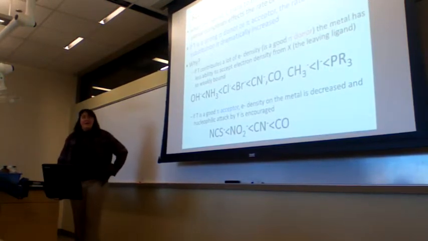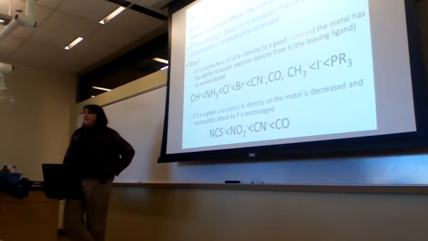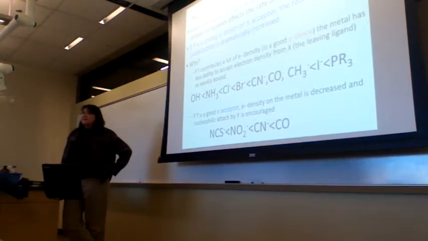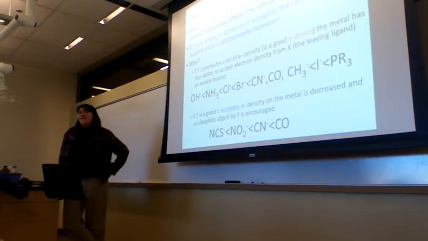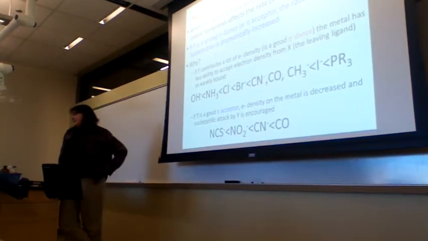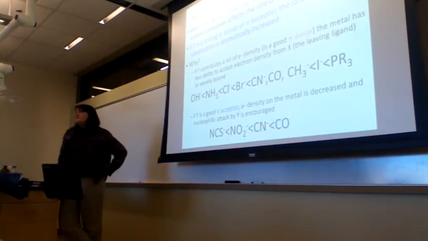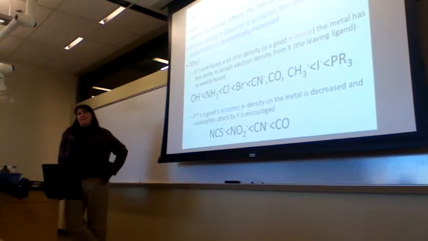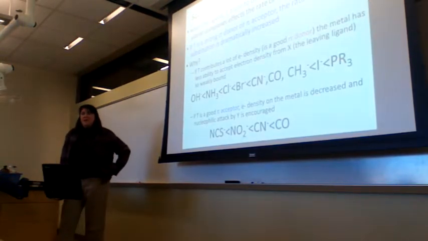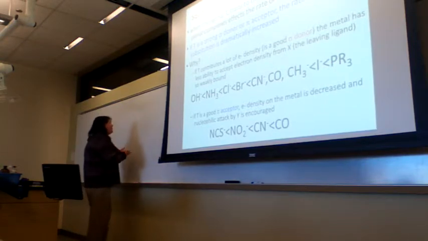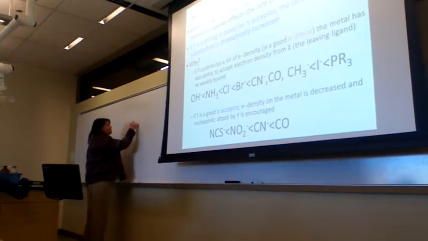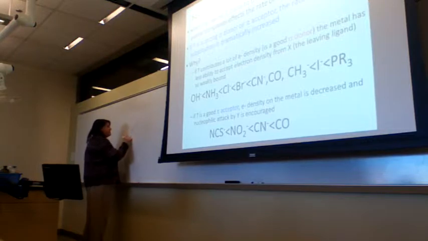So one of the large effects in square planar complexes is the trans effect. And what we're talking about is if we look at our ligands, some of them are going to cause the ligand on the other side, the trans ligand, to be weakly bound. So let's say we have our platinum complex, we have a couple chlorines, we have X and Y here.